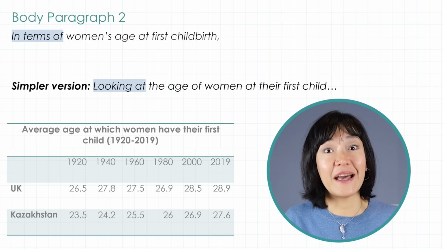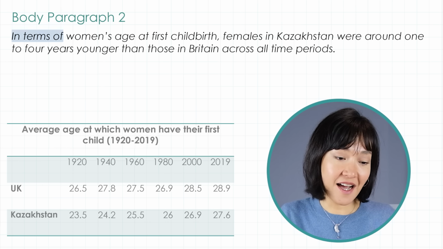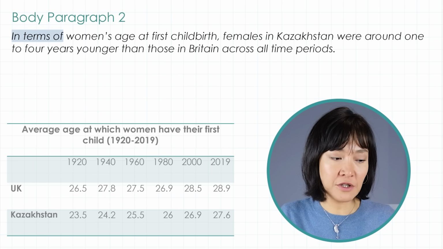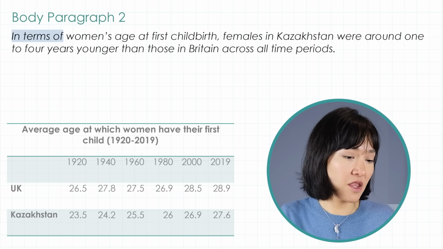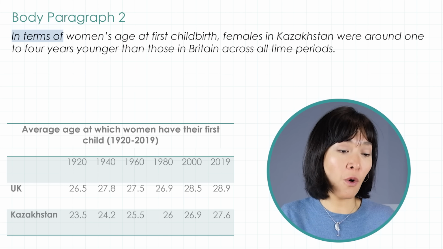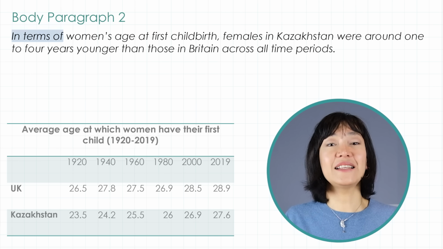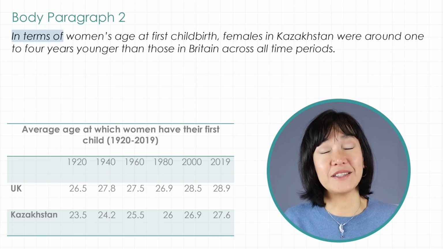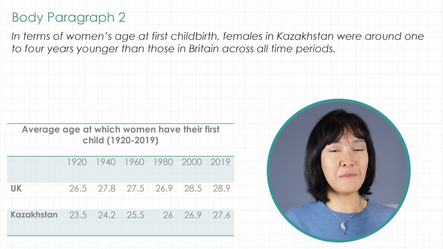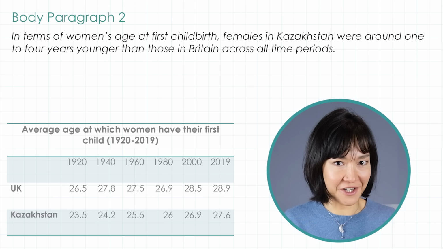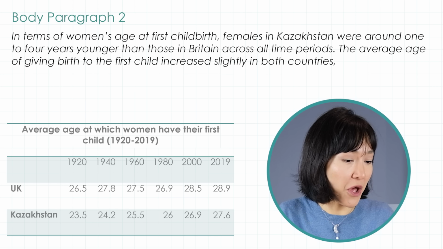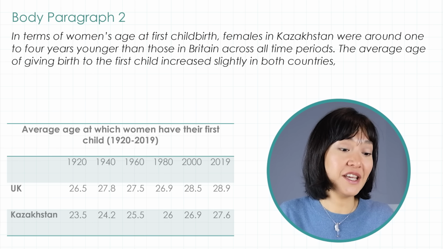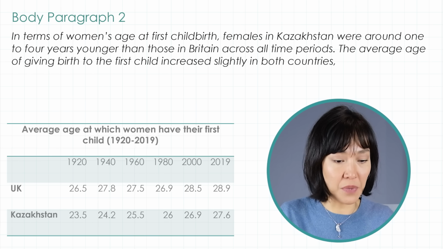Now we're gonna compare the two countries. Females in Kazakhstan were around 1 to 4 years younger than those in Britain across all time periods. Let's present our main trend. Let's compare the beginning of the period to the end of the period. The average age of giving birth to the first child increased slightly in both countries.